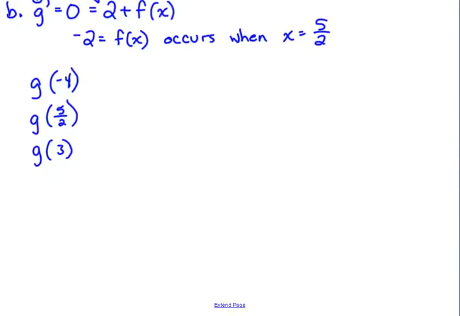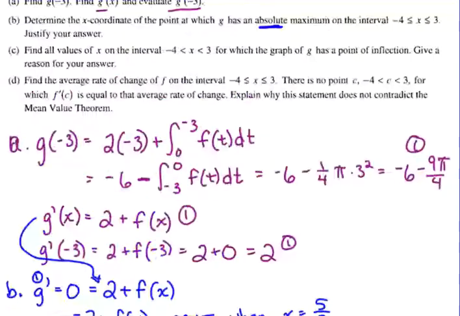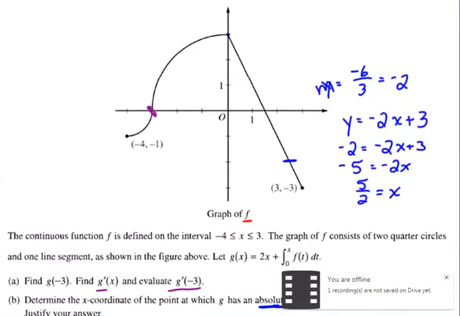Now, if you look at the rubric, they don't actually check the endpoints. I don't particularly like that, but technically their logic explains why 5/2 has to be the absolute maximum. And let's look at it. If we are accumulating this area, if we start at -4, we start with some negative area there, right?